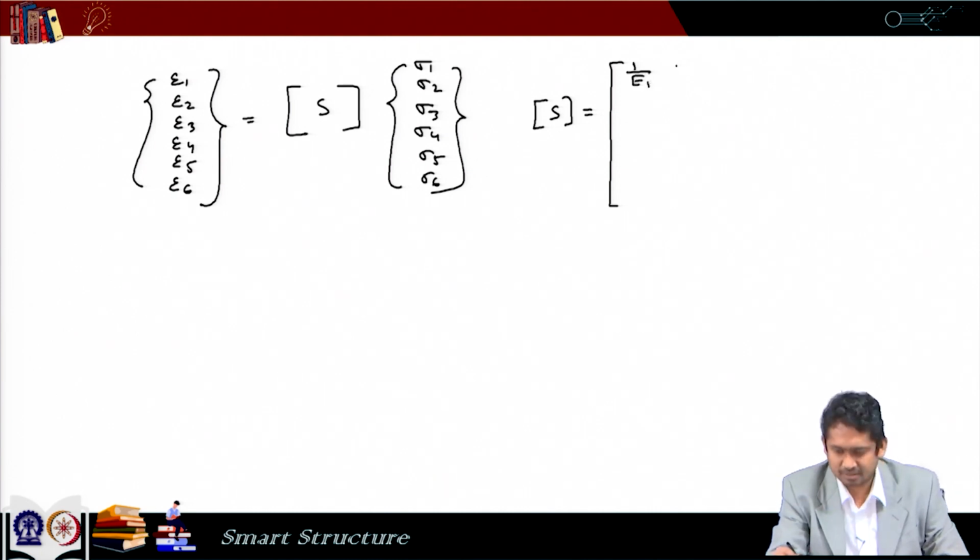1 by E1, minus nu 21 by E1, minus nu 31 by E1.